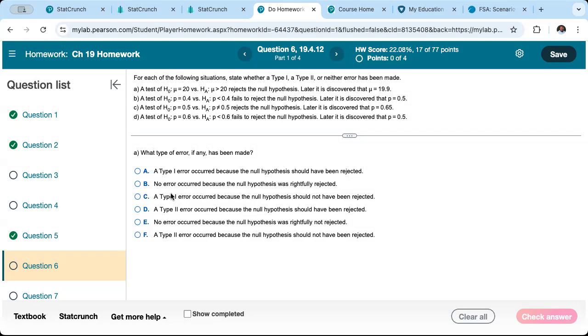So now she says type 1, which we all agree with that. Now it means that we are battling within A and C. So what is the correct answer? Should have not been rejected, right? So it's C.